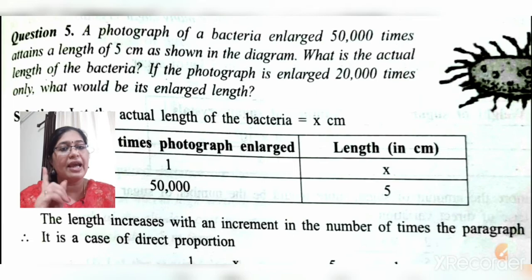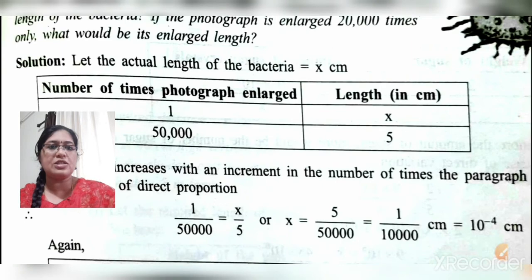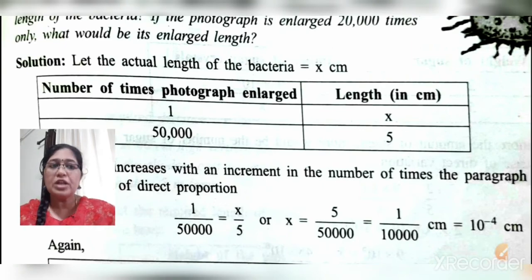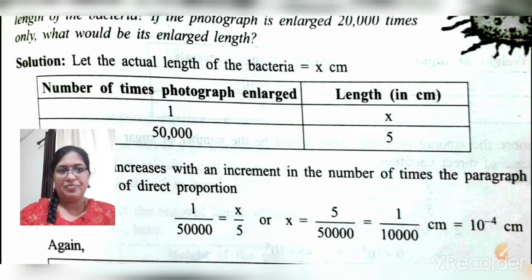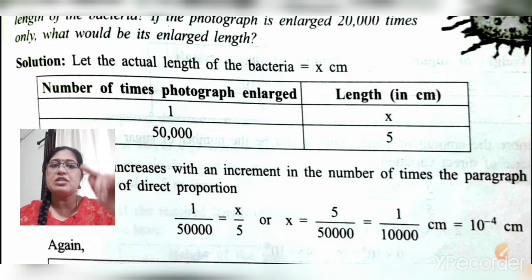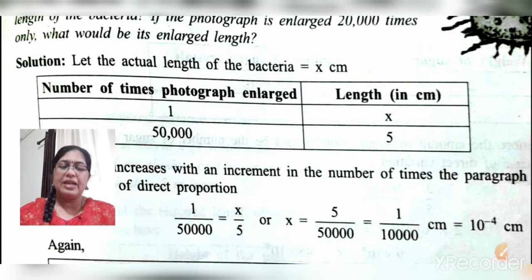When it is enlarged only one time, what will be the length of the bacteria? That is the question. So let us draw this box. If it is 50,000 times, then it is 5. If it is one time, it is x. We don't know how much it is.